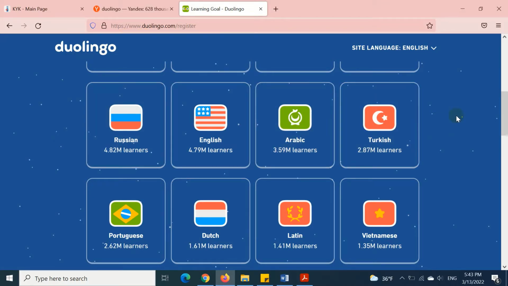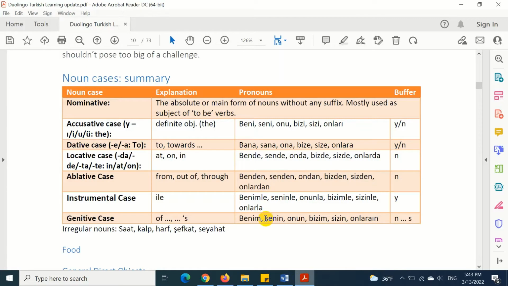I recommend this for you as well. You can create your account and start learning any language, and Turkish is also available in Duolingo. And from here I would like to dearly thank this team for providing such a resource. And these notes that I am explaining to you are also taken from Duolingo.